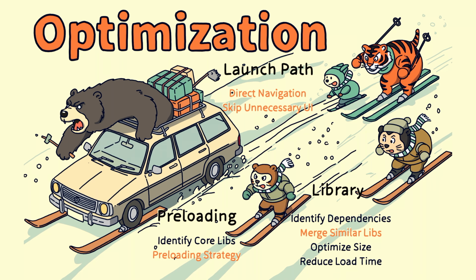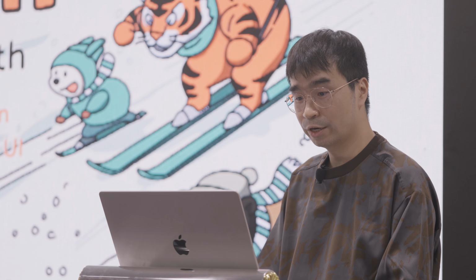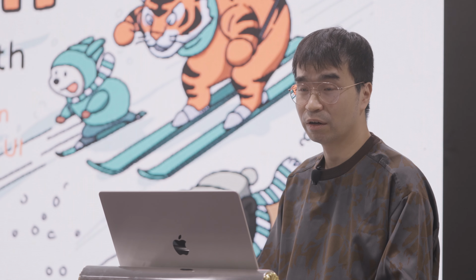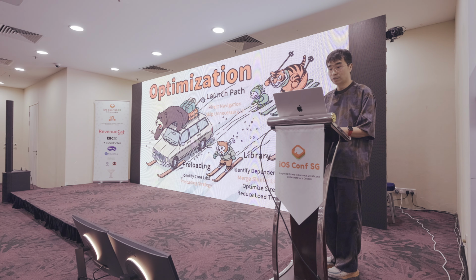We've used the tools to pinpoint startup issues, and now we've solved those costly problems. But can we further reduce the startup time? Next, I will introduce two more techniques that can reduce startup time even further: optimizing the launch path and merging libraries.